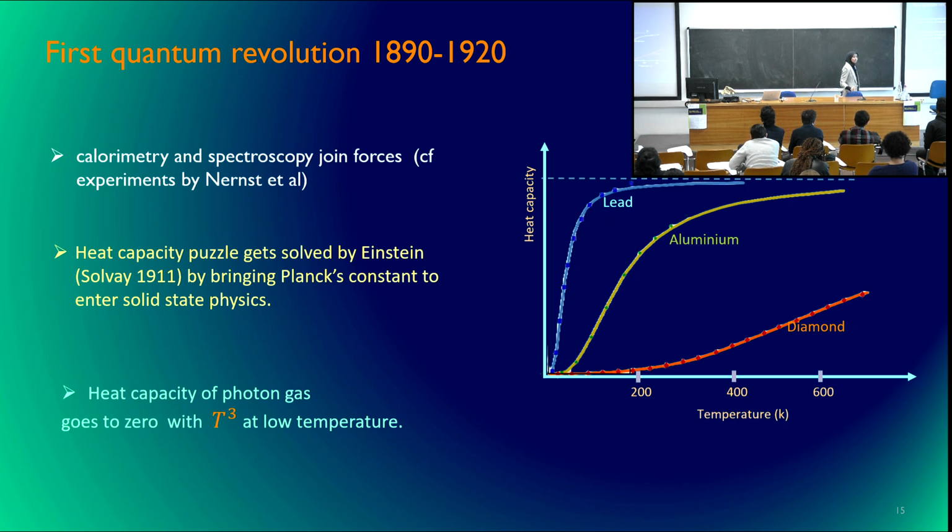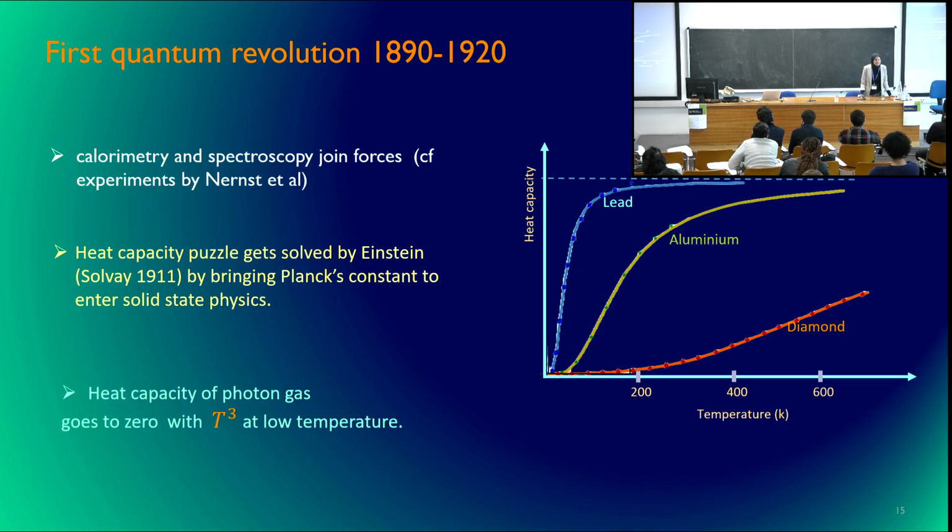Do you know which law this is, when heat capacity is going to 0 at 0 temperature? Debye is telling how the heat capacity is going to 0. The T to the power 3. This is Debye. Yes, excellent.